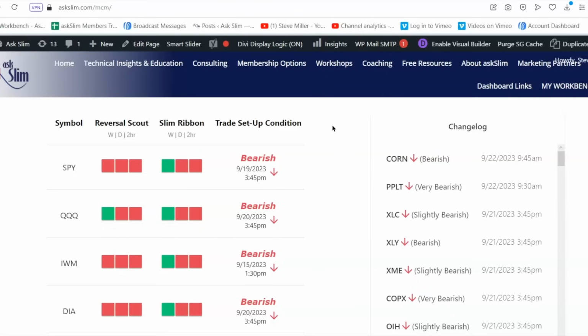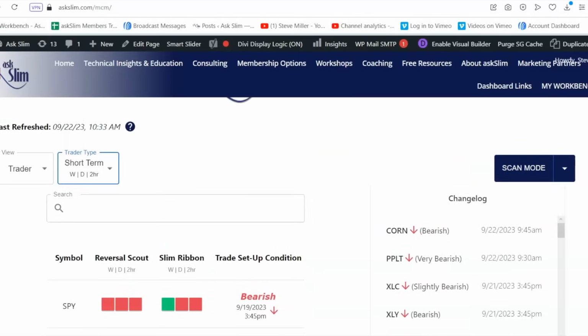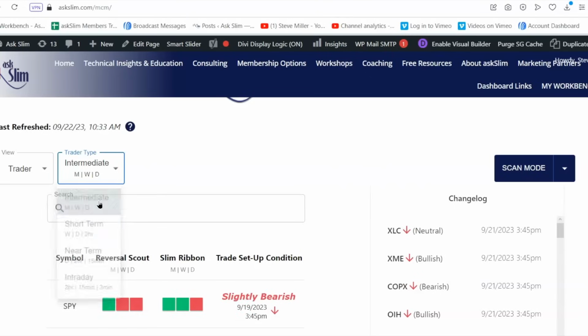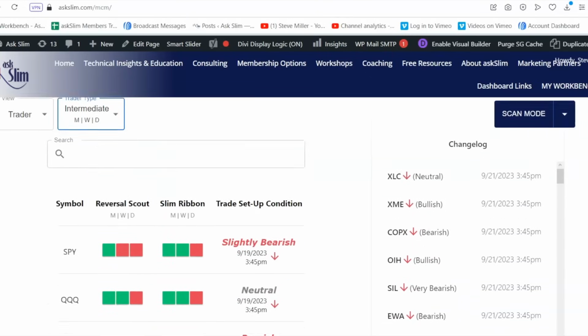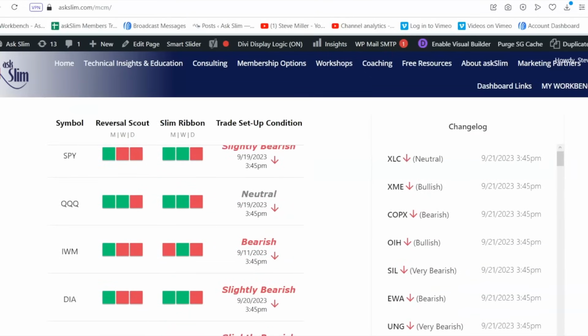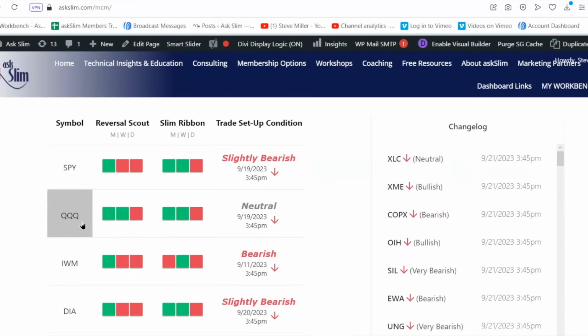We have more than 115 of the widely held stocks and ETFs in this great app that you can see here. So if I take a look from short term to intermediate term, looking a little bit further out, you can see that these have turned to bearish or slightly bearish, though the QQQ, because it still has some positive readings on momentum and longer time frames, is neutral.